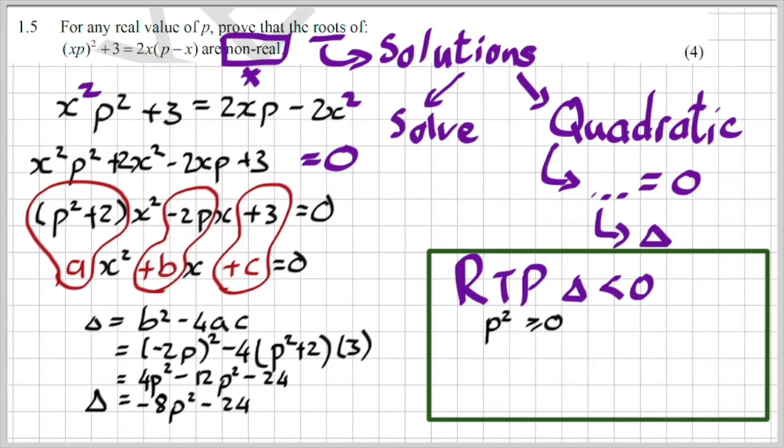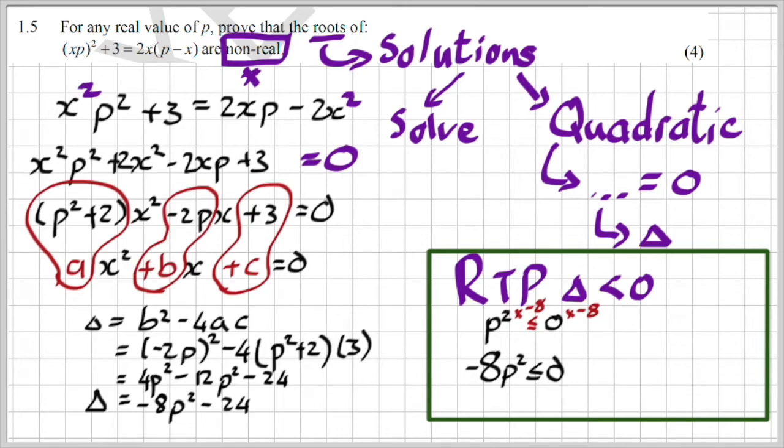So I'm trying to change the left-hand side into delta. That's basically what I'm doing. So I'm going to multiply straight through by negative 8. But I can't just multiply by a negative number. I've got to swap the inequality. In other words, we are now sitting with negative 8p squared being smaller or equal to 0.